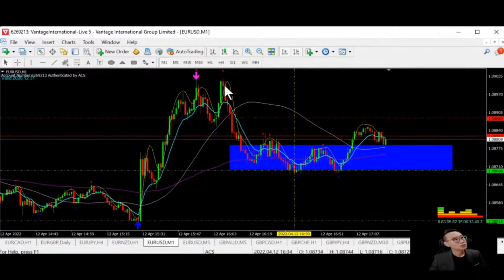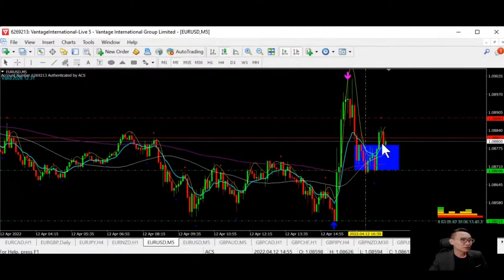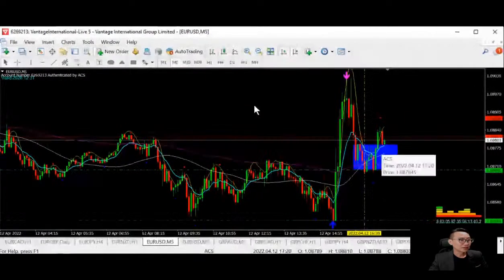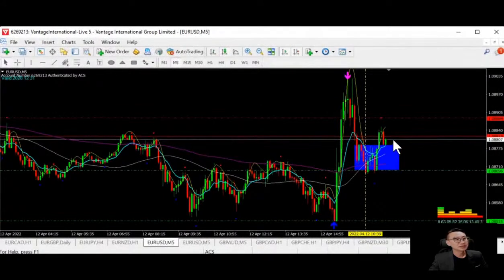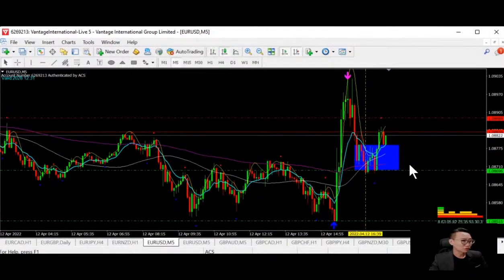For this case in M5, you will start to see the resistance, and then it may go down and form another lower resistance and come down, another lower resistance and come down. Do you get what I mean now?